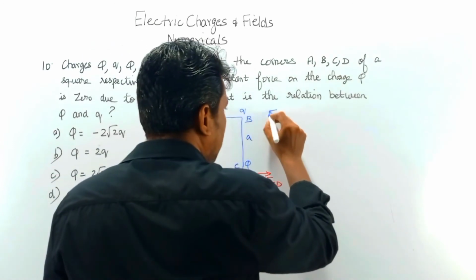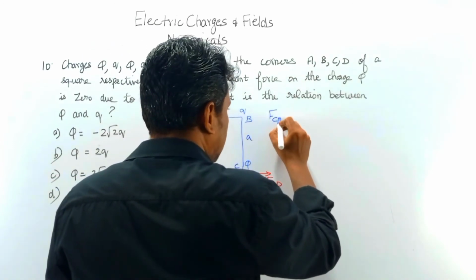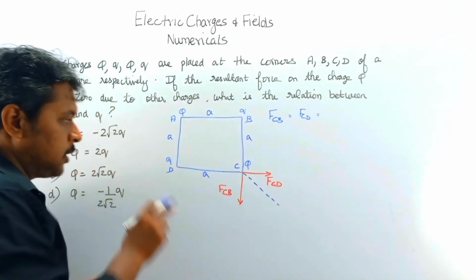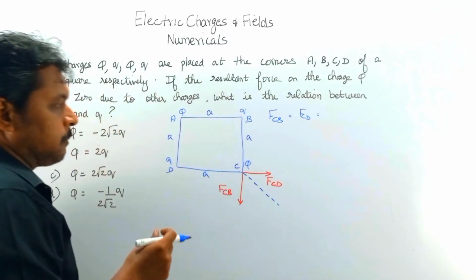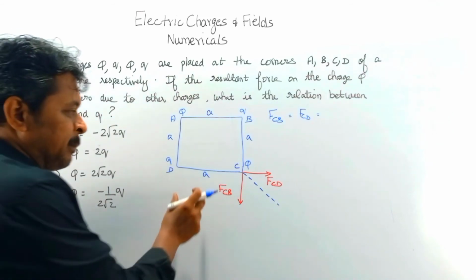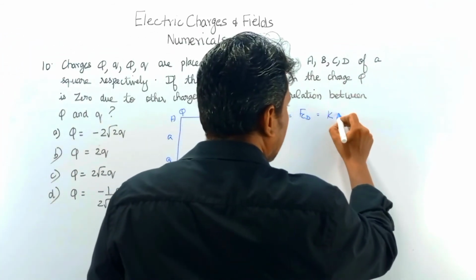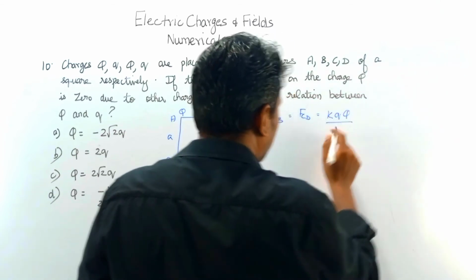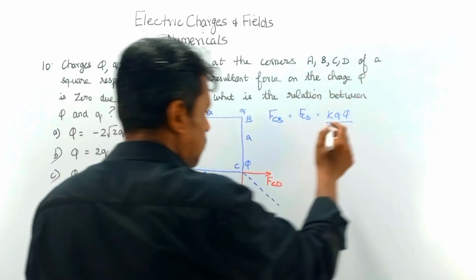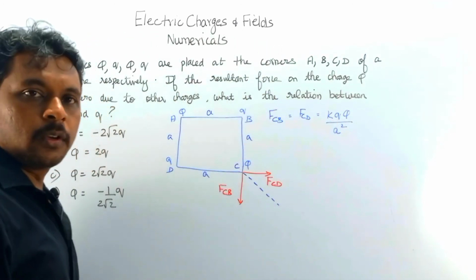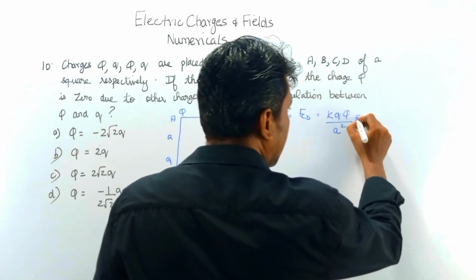Here we have FCB and FCD. Both will have the same magnitude because same charges separated by the same distance. So it could be K, small q, capital Q, by the distance a square. So this is the magnitude. Now let us keep this magnitude as F.